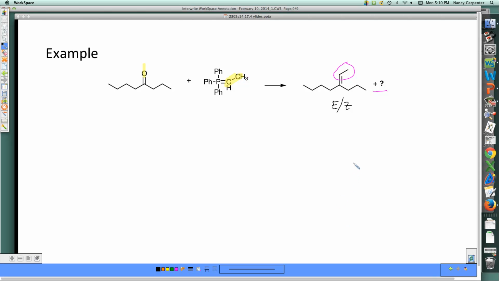There are ways to control the stereochemistry that are well beyond the scope of this course, but be aware that sometimes if you're carrying out a Wittig reaction, you may have 2 different isomeric products. And of course you would see that as, for example, 2 peaks in your GC, or 2 peaks in your HPLC, etc.